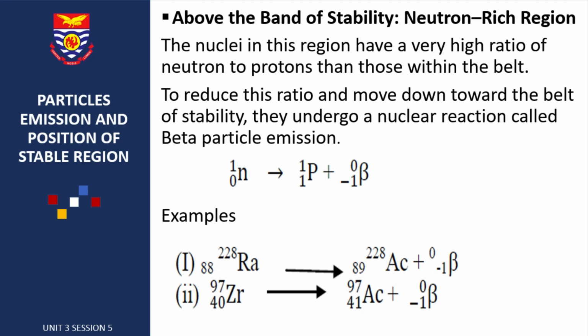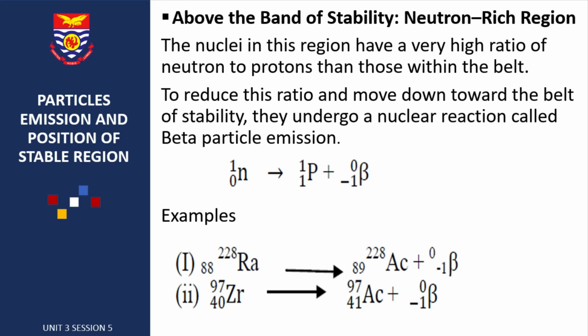Let us look at particles that are emitted when a nuclei finds itself above the belt of stability. Above the belt of stability, the nuclei has more neutrons than protons. And so to solve this problem, the nuclei undergo beta radiation.